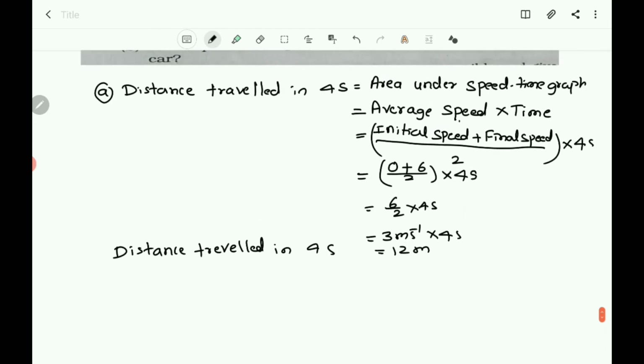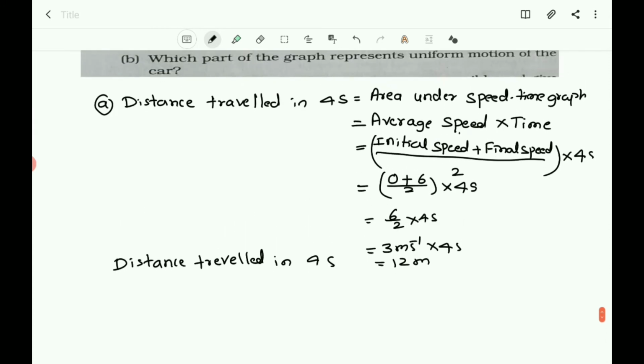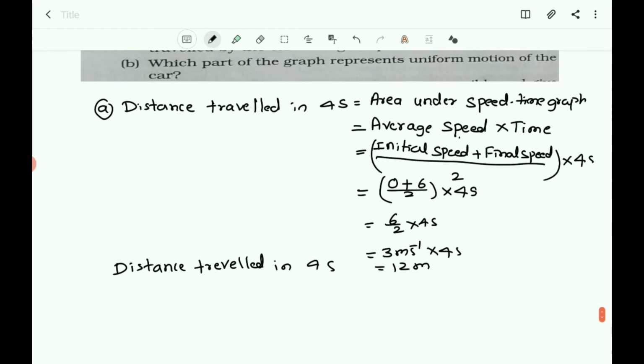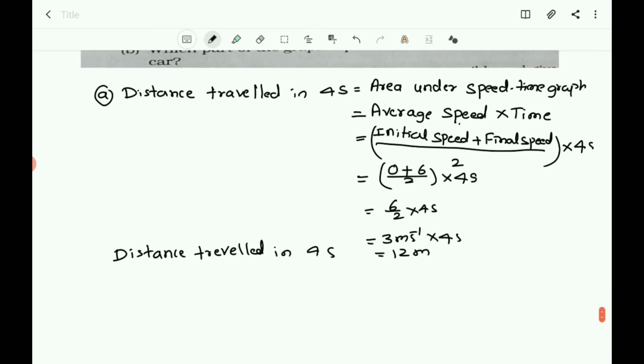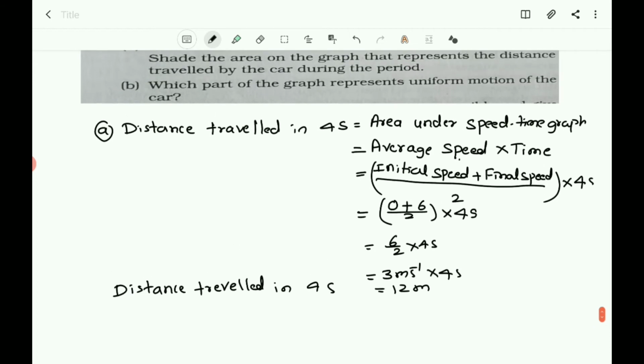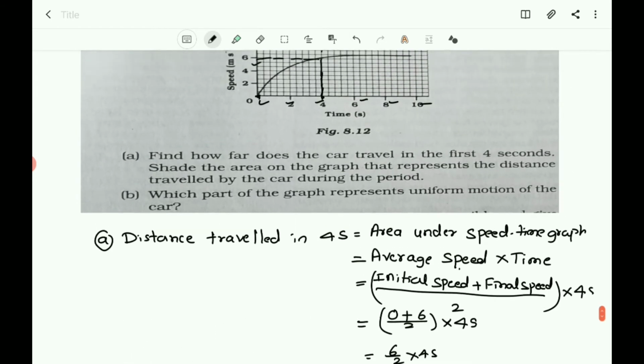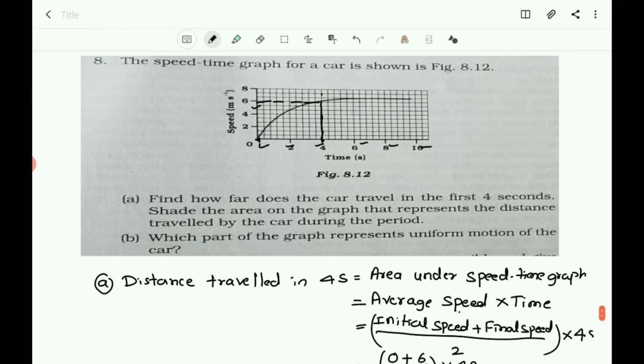Next, which part of the graph represents uniform motion of the car? You know that for uniform motion, the speed-time graph is a straight line. Here the straight line starts from here.